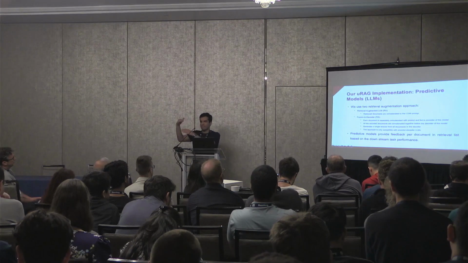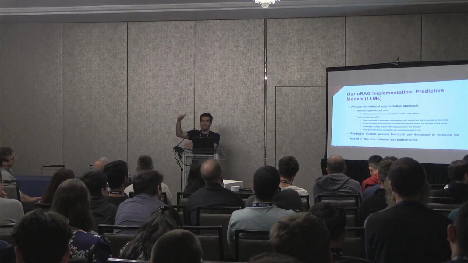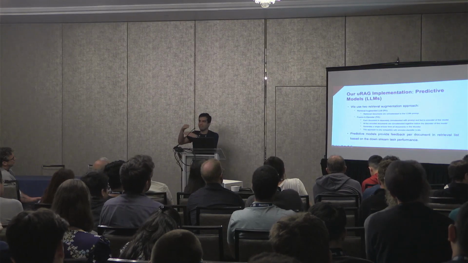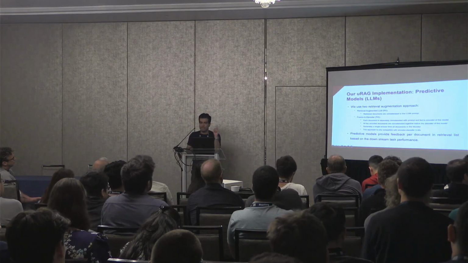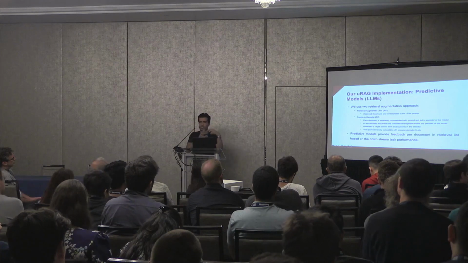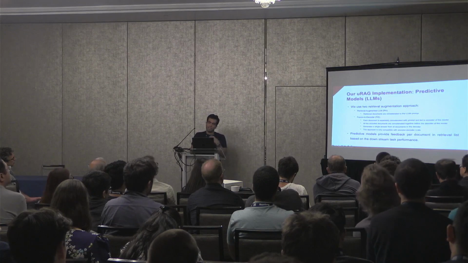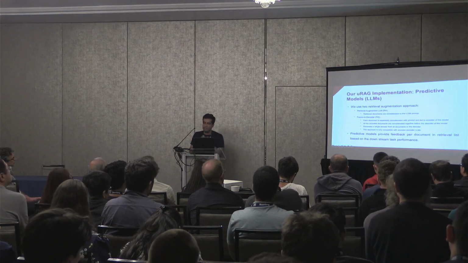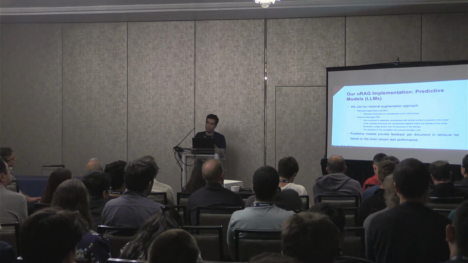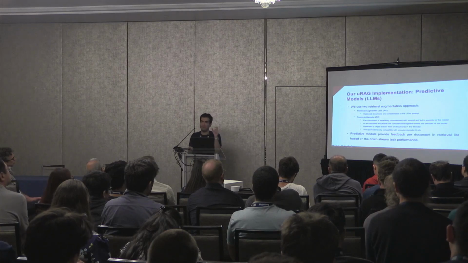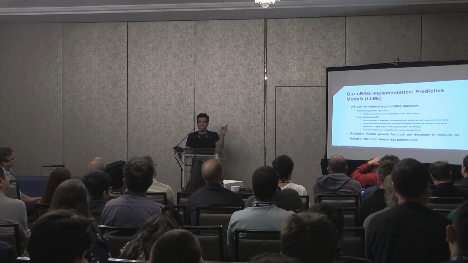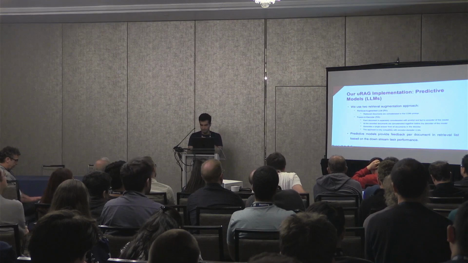We store the representations for all the documents, then concatenate those representations together and feed them to the decoder of the model to get a single answer based on all the information in all those documents. Aside from that, the predictive model should provide feedback, and here we assume that the feedback the large language model provides is based on its performance, only utilizing each document in the retrieval list.